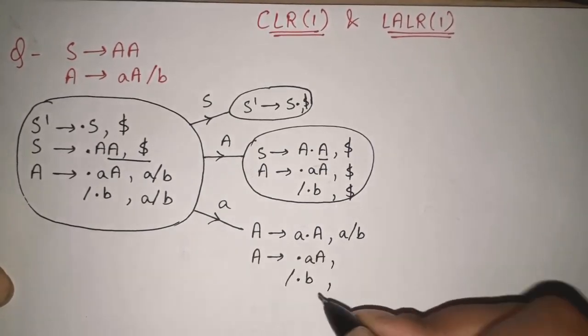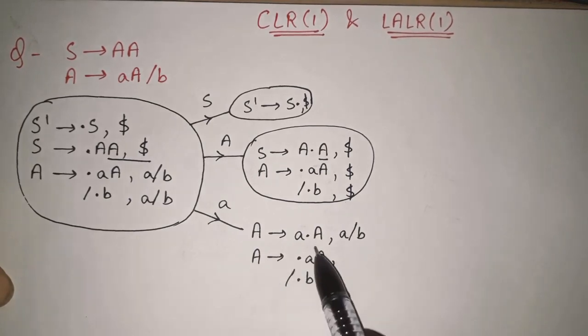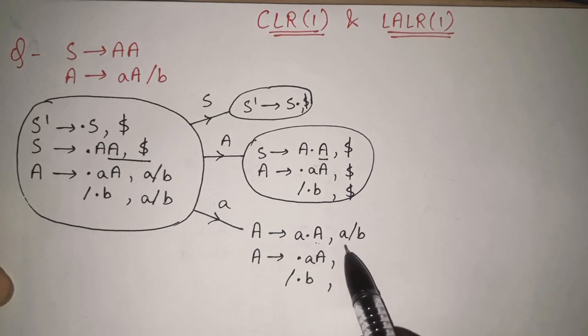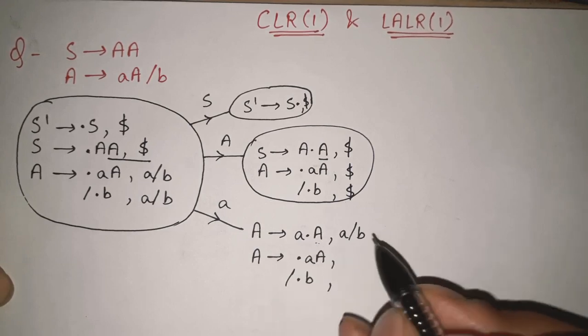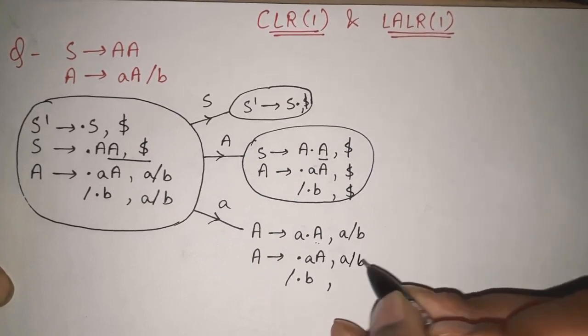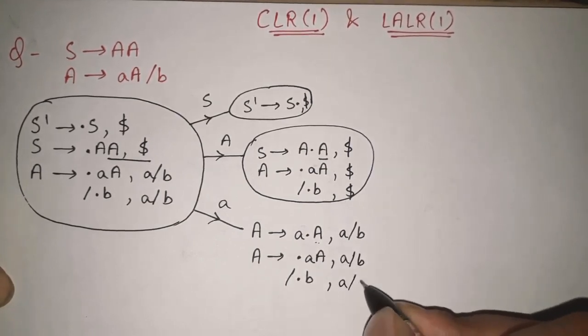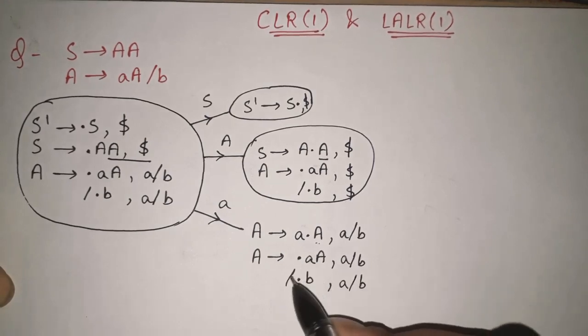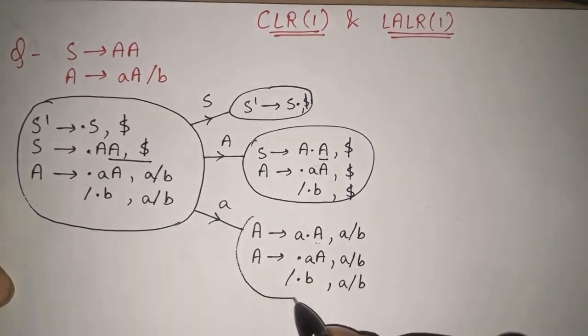I have written this production due to this same A, so after this A, whatever is there, I have to write the first of it. After this A I am having a slash b, and the first of a and b are themselves terminals, so I will be having a b itself. Fine. Now after the dot only terminals are there, so this state is over.